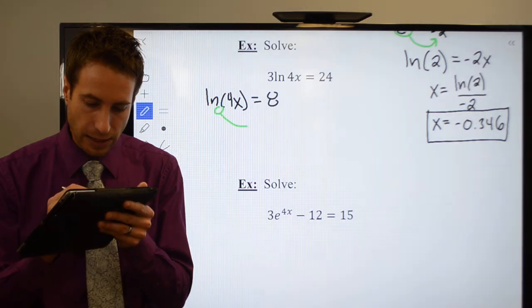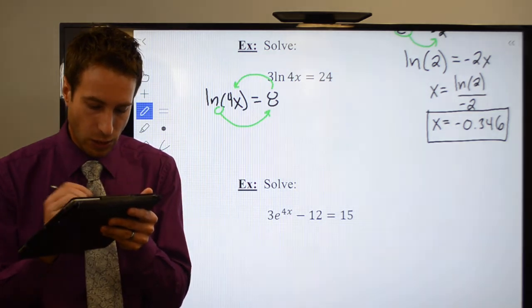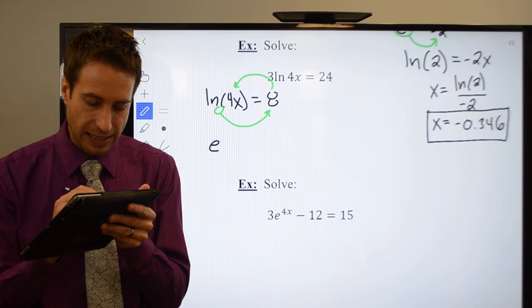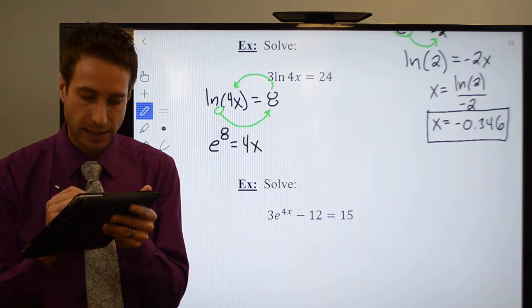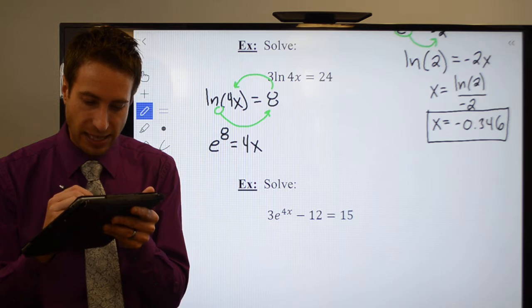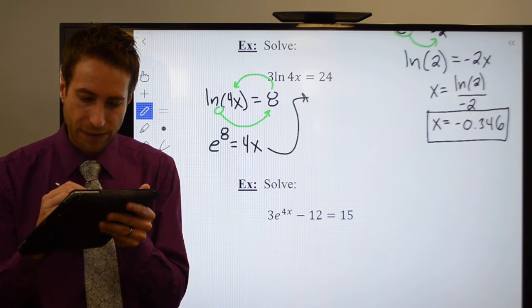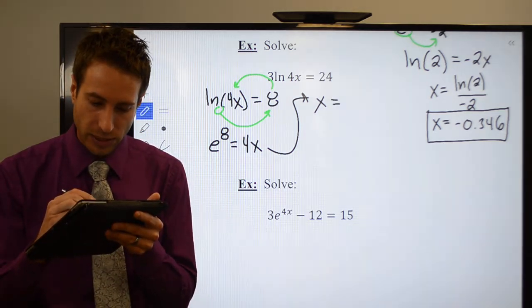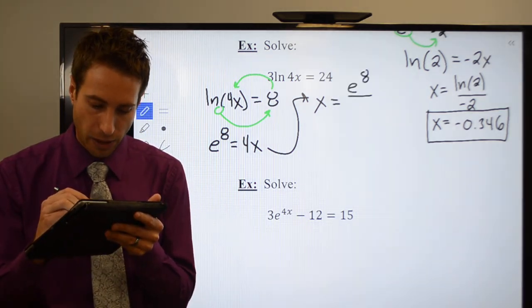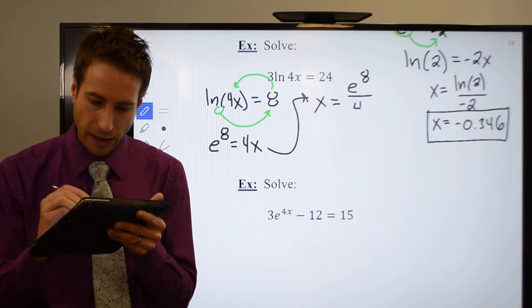It's a base e, 8, around the equal sign. So my base is e. It's going to be e to the 8th power is equal to 4x. I need to get that x by itself, so I have to divide the 4 to the other side. x is equal to e to the 8th power divided by 4.